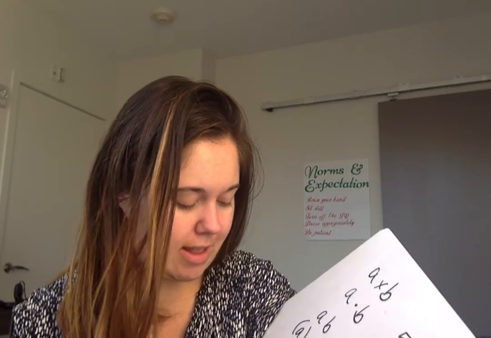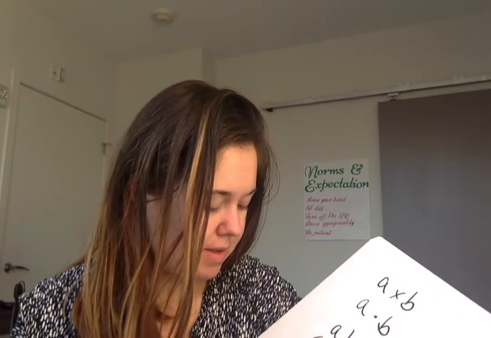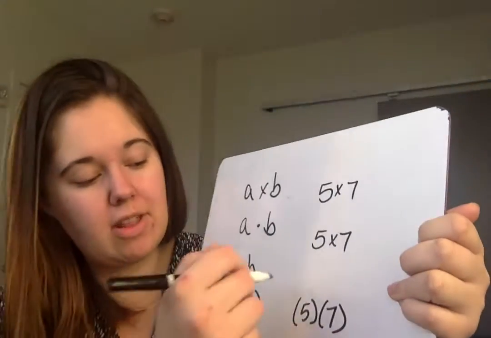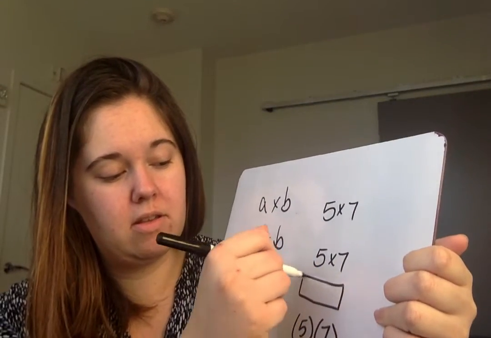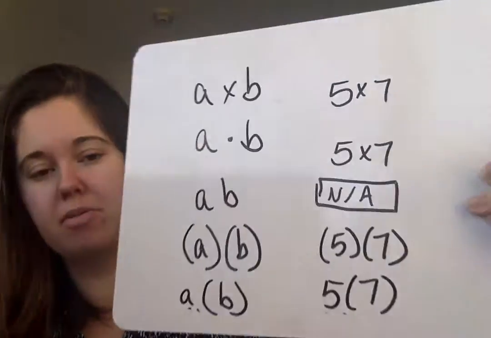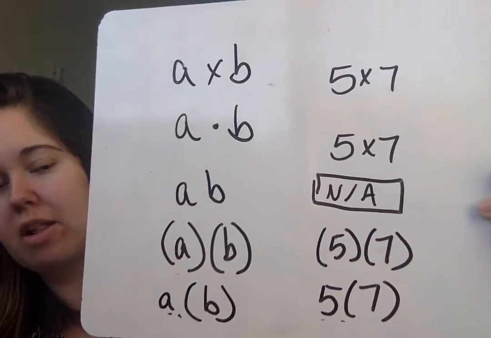No, actually, I think that last way doesn't work, so we'll leave it like that. And the slash A is not applicable here. But otherwise, all of those methods do work. So you've got a couple different ways to write out multiplication. And because of that, we're going to be able to rewrite multiplication problems with fewer symbols sometimes.